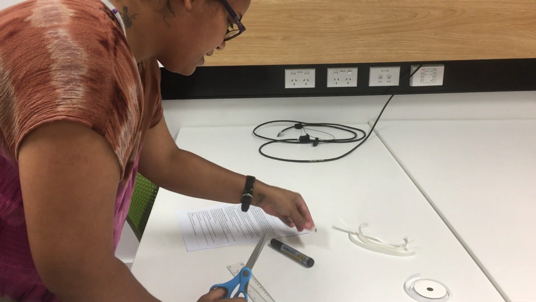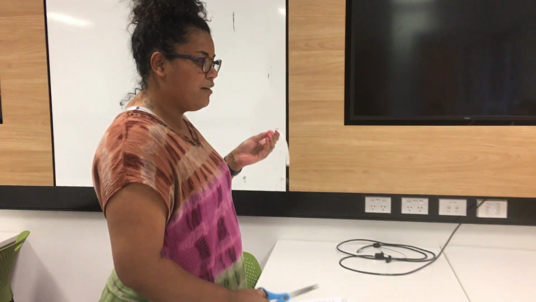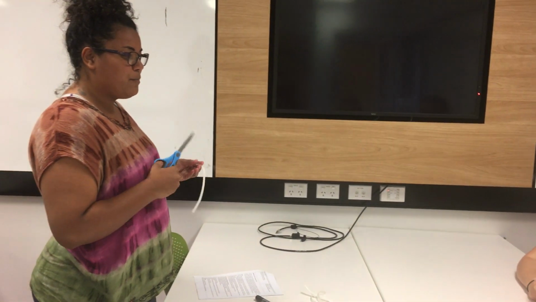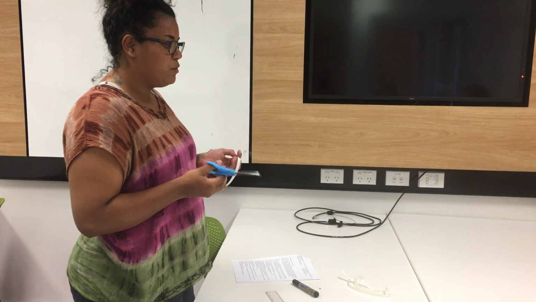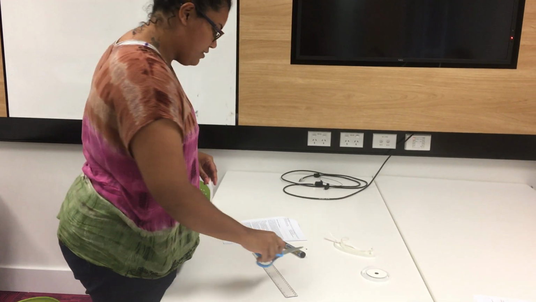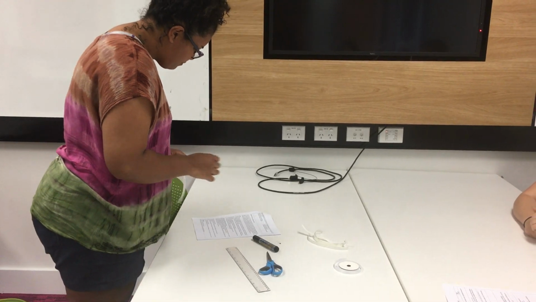Who can tell me how many centimeters I have left now? 18. Yeah, I have 18 centimeters left. I'm going to keep doing that, 2 centimeter pieces, till I get to 0, and then we'll figure out how many letters we can make. Does everyone understand that? Awesome.